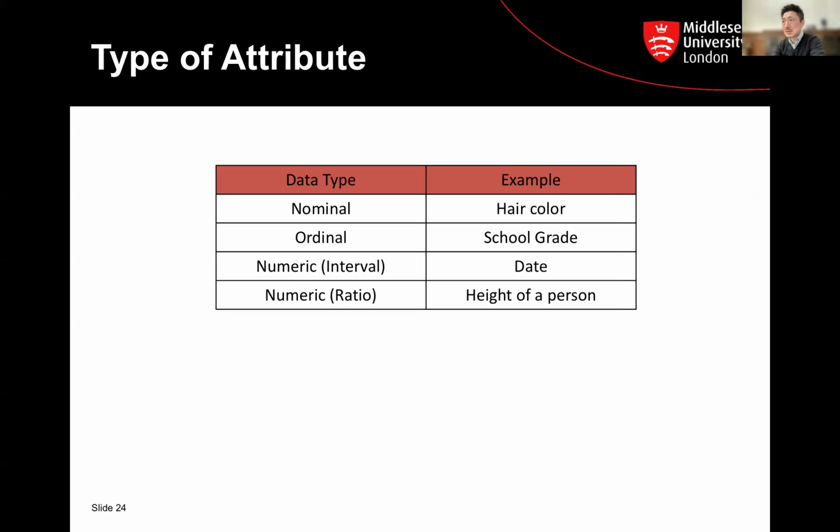It doesn't really make sense. You can also have grades, A, B, C, D. You can't say A plus B equals something. It doesn't make sense. And there are the numerical ones. These are the numbers, basically, and you can have intervals and ratios. We'll talk a bit more about those later.